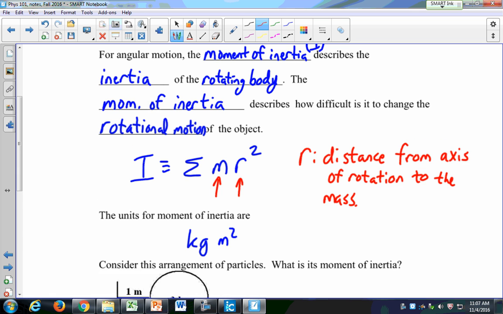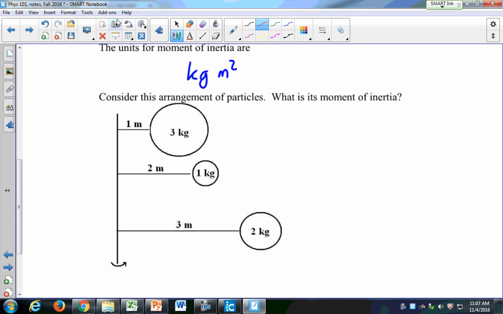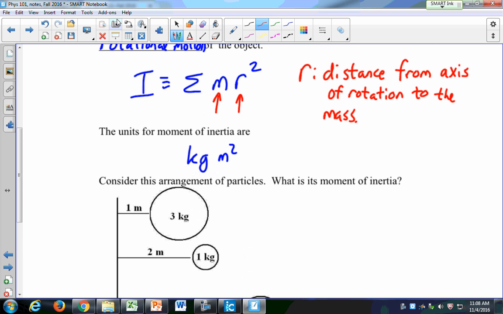And what that means, let's say I have an arrangement of particles like this, the r is going to be the distance from the axis of rotation, which is right here, to wherever my mass is.